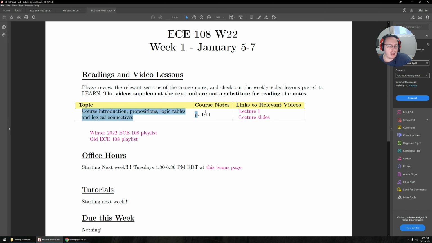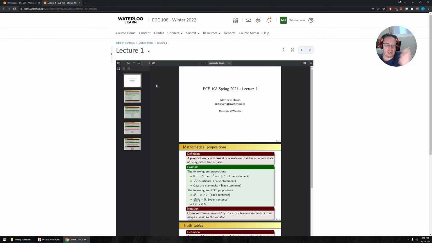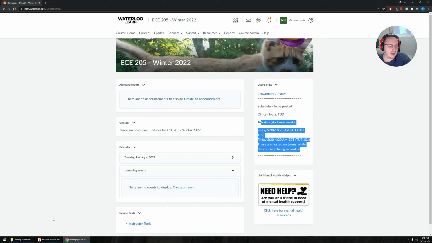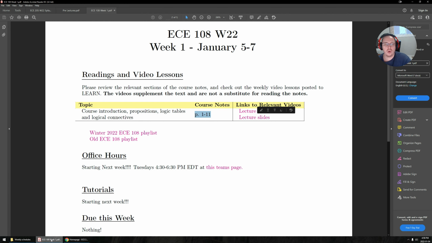We'll have various columns, color-coded for the various days that you have a lecture, and within each column, we'll list the topics that will be covered, the sections in the course notes that those topics cover, and links to see the lecture on YouTube and the lecture slides. For instance, if we were in ECE 108, you could click that and it would link to the Learn page where that data is. It's just there to make things a bit more convenient for you.